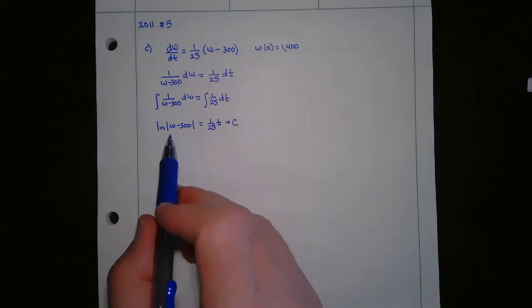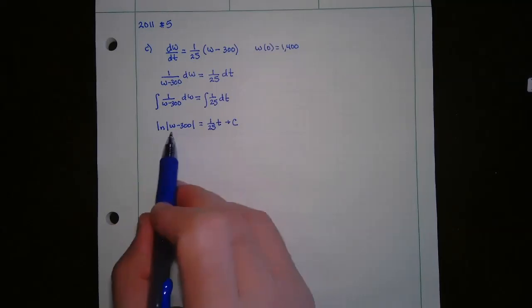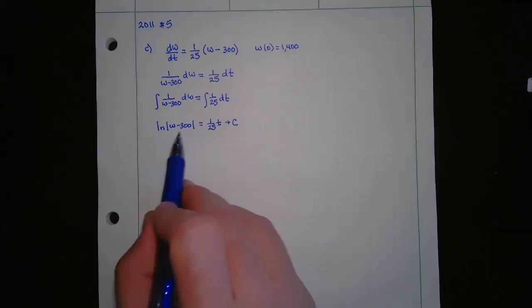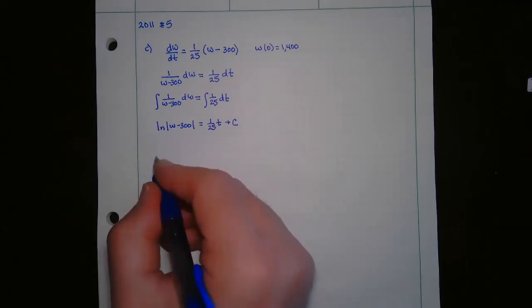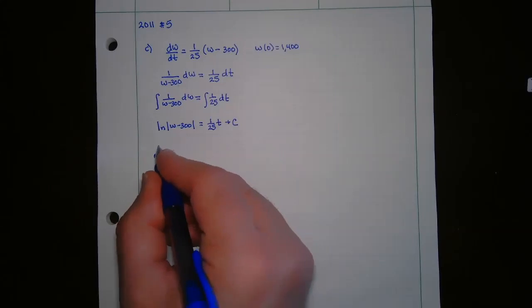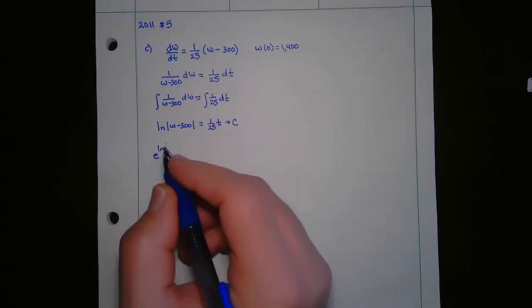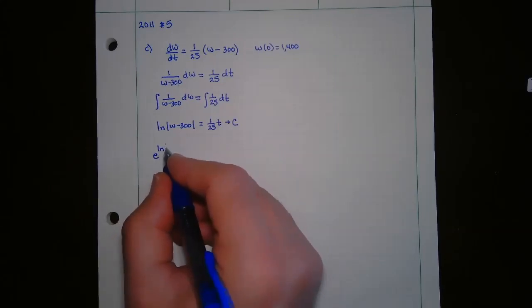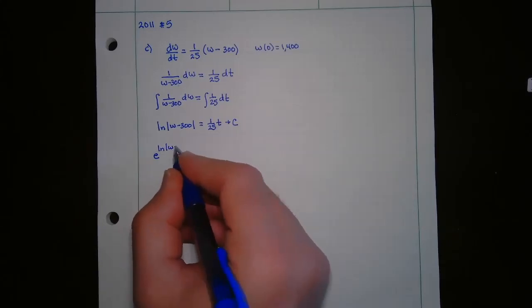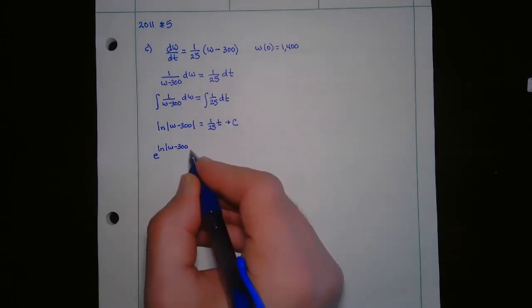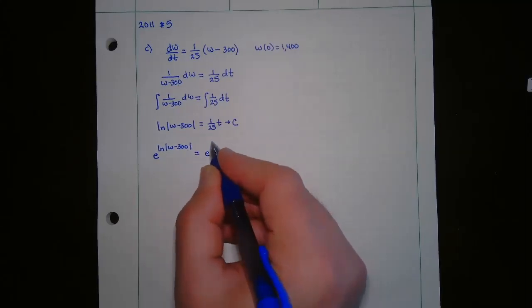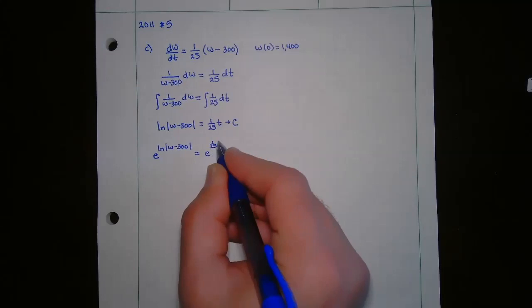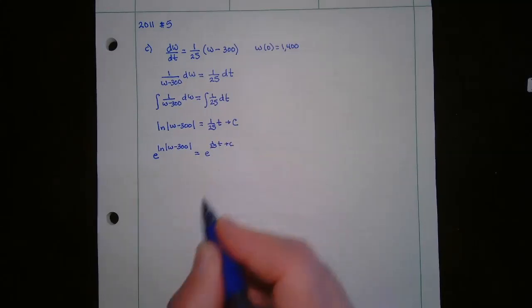So what I'm going to do next is exponentiate both sides, because I want to get to this W. I'm going to exponentiate both sides with e: e raised to the natural log of the absolute value of W minus 300 is equal to e to the 1 over 25 t plus C.